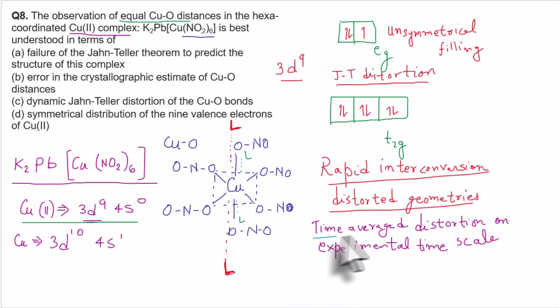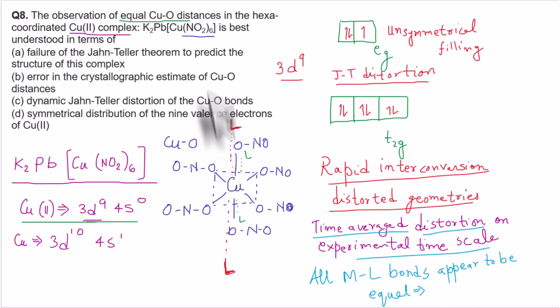Because of this time-averaged distortion, when we measure the geometry using experimental techniques, for example X-ray, all the bonds appear to be equal. All metal ligand bonds appear equal although they are not, and this is known as dynamic Jahn-Teller distortion.